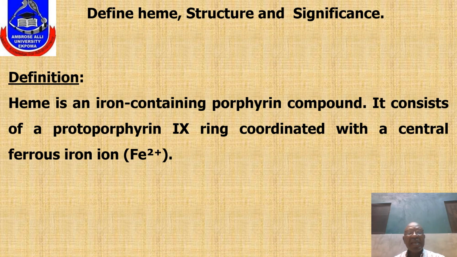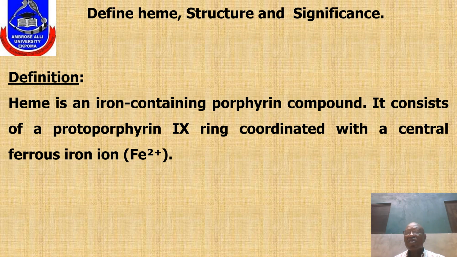Heme simply is an iron-containing porphyrin compound that consists of a protoporphyrin 9 ring coordinated with a central ferrous ion. Now, the definition is simple.